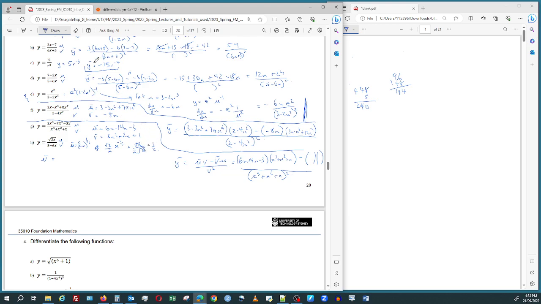No, that's not right. So let's go back and refashion that. So you've got to take your time. 2 root 2. Let's just not do the differential there. Let's do the differential in the next.